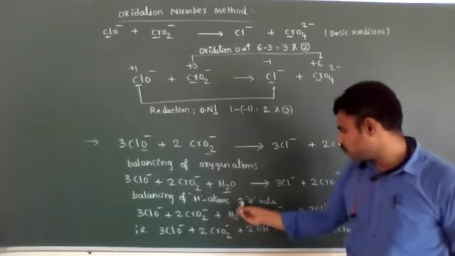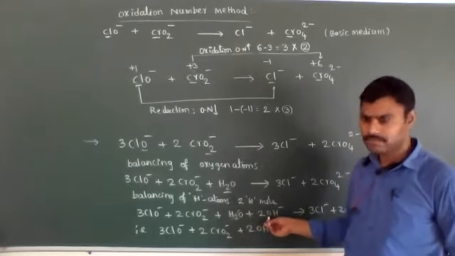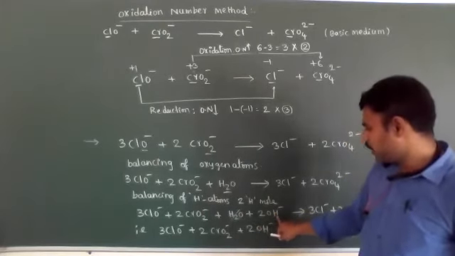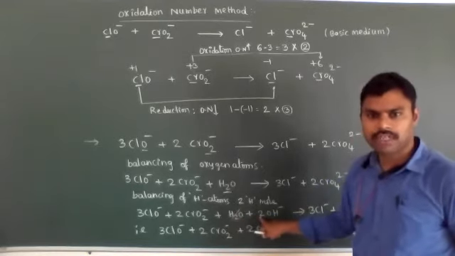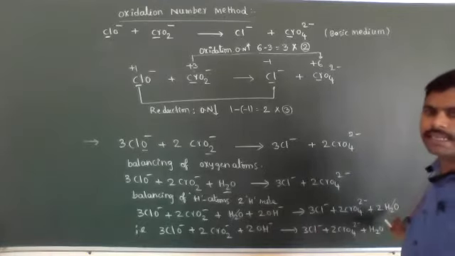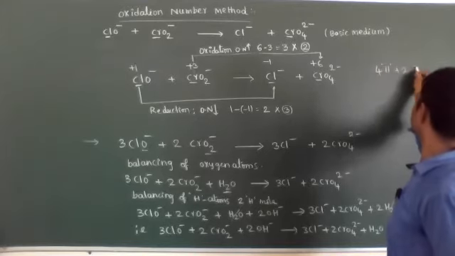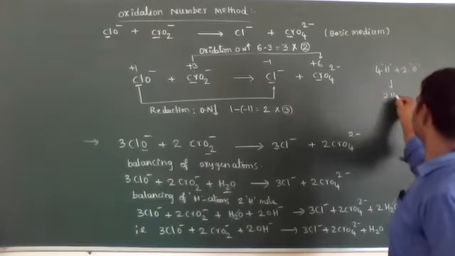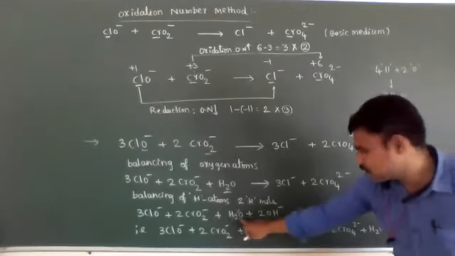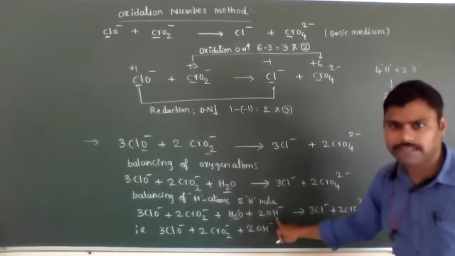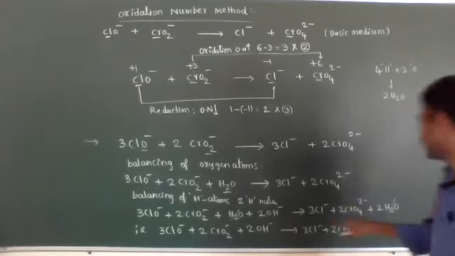Here, 2 hydrogen atoms are more, so on the same side 2 OH minus ions are added. Automatically, 2 OH minus ions means 2 hydrogens and 2 hydrogens, total 4, along with 2 extra oxygen atoms that came. So on the opposite side, 4 hydrogens plus 2 oxygen atoms is nothing but 2 H2O. That's why 2 OH minus ions and 2 H2O.